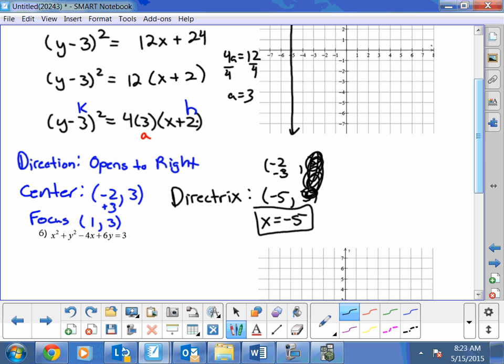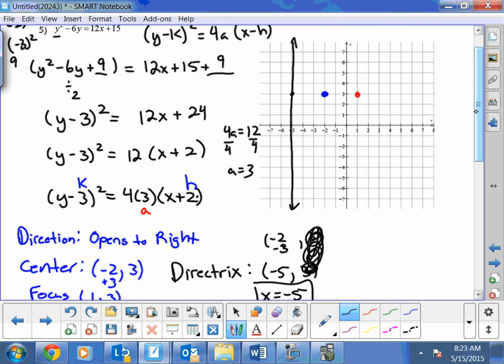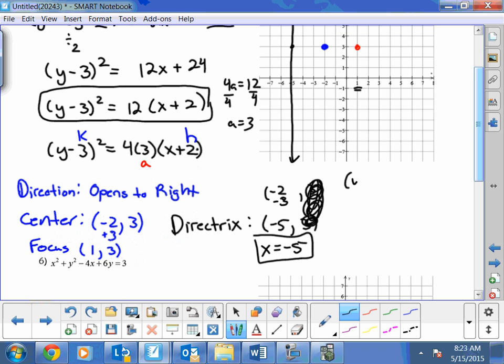Now let's continue solving this by figuring out how to draw this parabola off the center. We're going to use the equation we came up with, this one. Substitute the value of 1, where my focus is at, to figure out what y is, the other 2 points that go there. So we have y minus 3 squared equals 12 times 1 plus 2, which means y minus 3 squared is 3 times 12, which is 36.